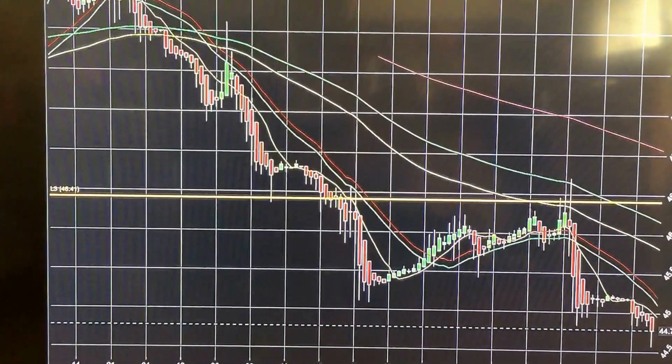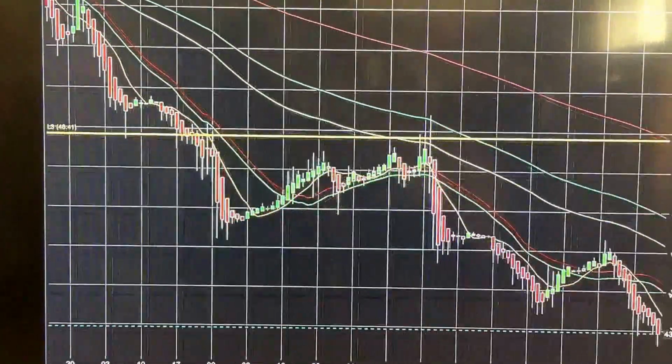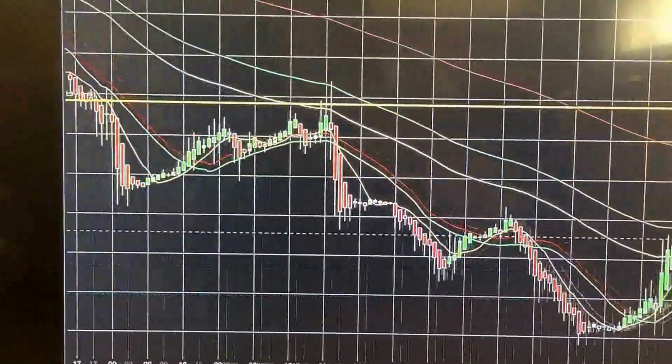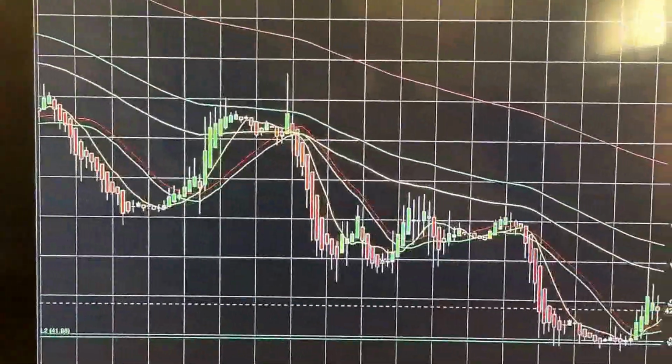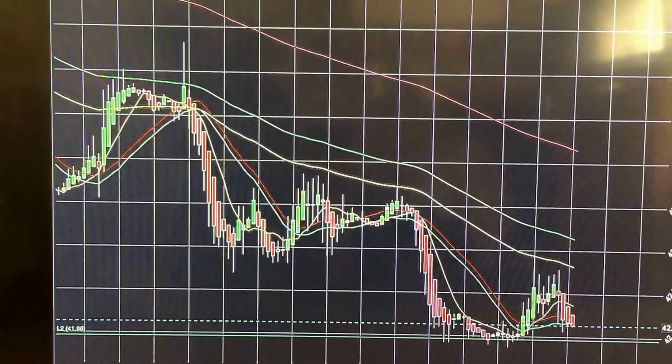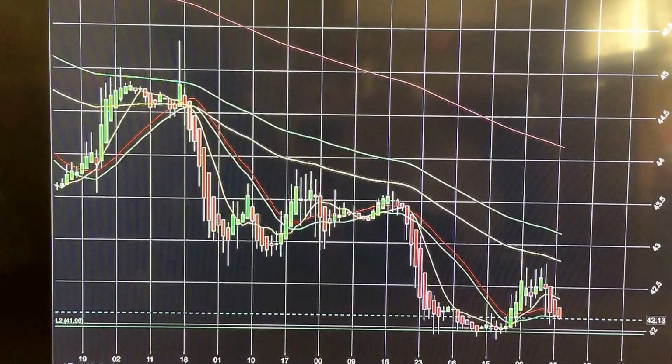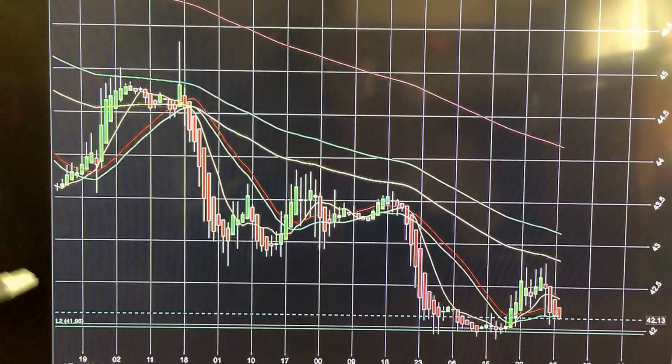Okay, if we continue to go on. Now, what are we trying to say about this strategy? Some people will trade and they don't even know if this is a retracement or a change of trend.